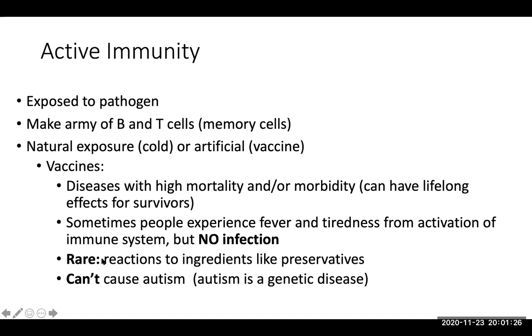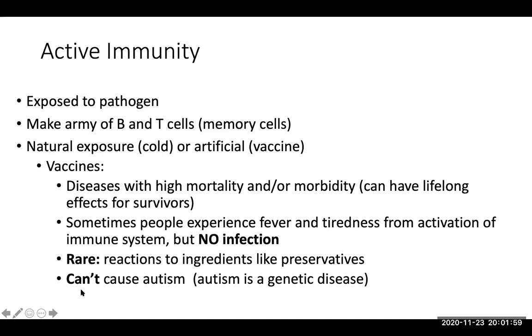Some people cannot get vaccines because they have immune diseases or other reasons, but this would be a very small subset of people, in addition to babies who have not had their vaccinations yet. They slowly get different vaccinations over time. So everyone needs to get vaccinated to provide herd immunity to those people who cannot receive vaccinations.